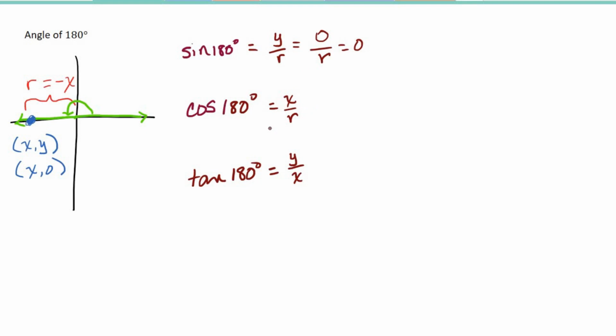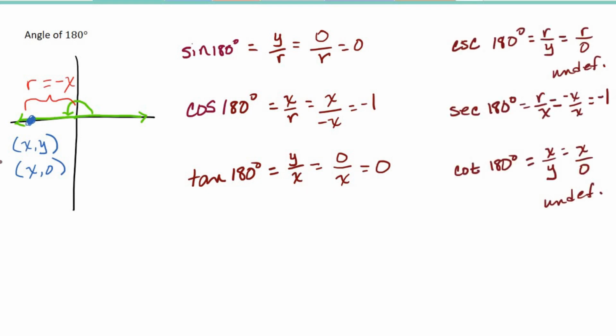For the next trig function, I've got cosine of 180, so this is going to be x over -x, which is -1. For tangent of 180, my y-coordinate is 0. We're just going to keep x, so 0 over x is 0. And there are your remaining trig functions.